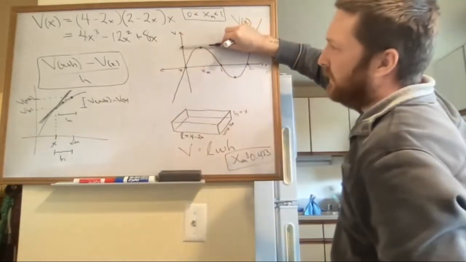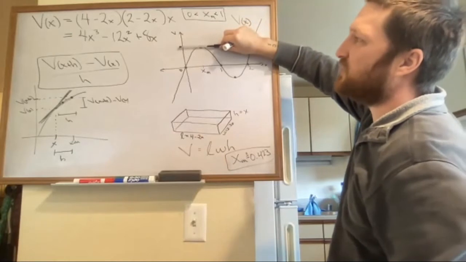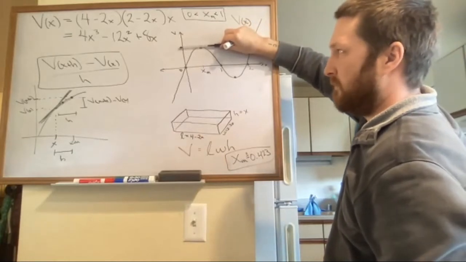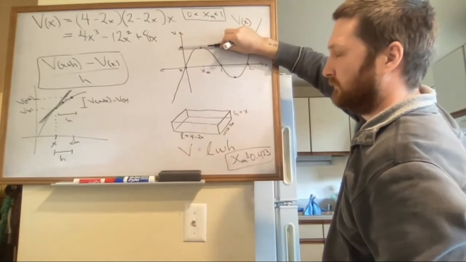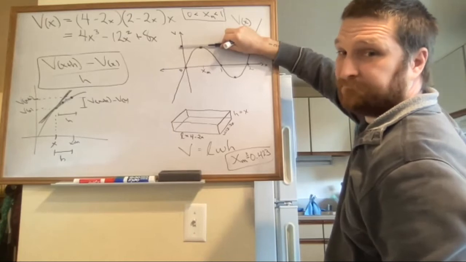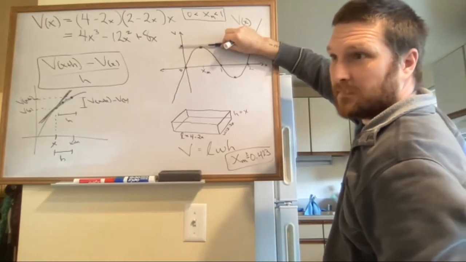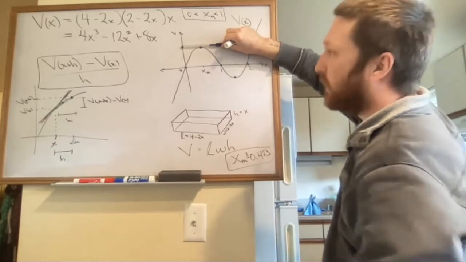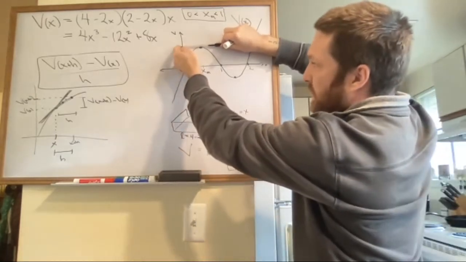Let's say there's a line that is horizontal. What's the slope of that line right there? The slope of any horizontal line is what? 0. Okay.